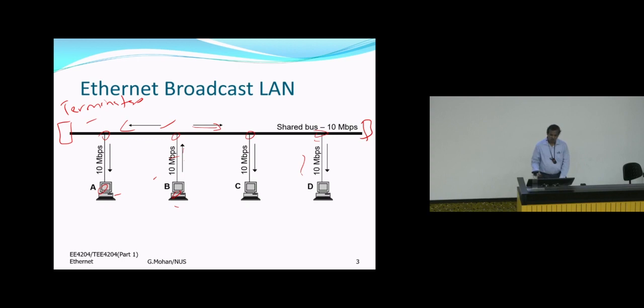But it may so happen that the B signal is somewhere along the cable and D is not aware of it. D might think that there is no transmission ongoing and start transmitting. If more than one system transmits at the same time, the signals will propagate both sides and collide. That means bits will be damaged, so the frames become useless, right?